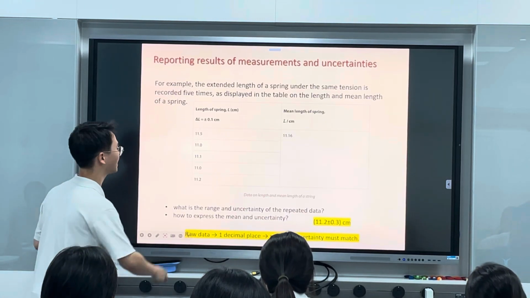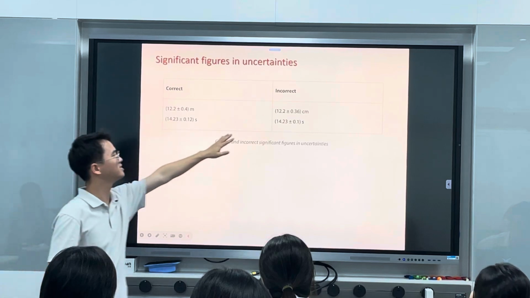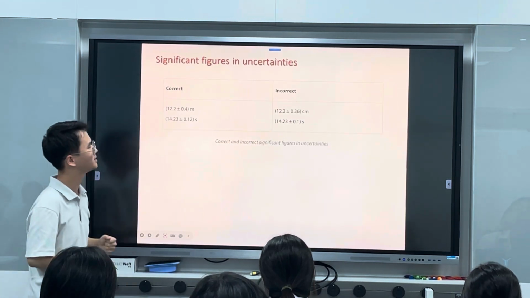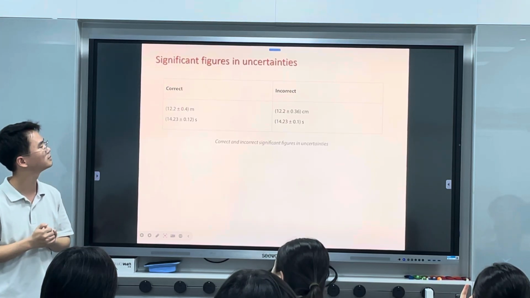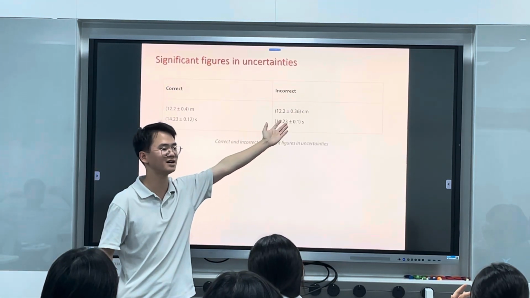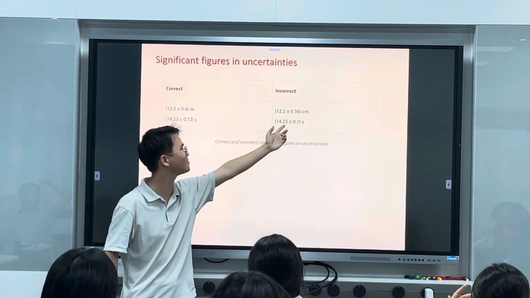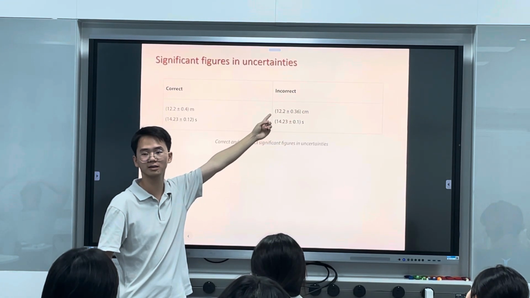Okay? Very good. Alright, what's wrong with this one here? Why is it incorrect? So the level of preciseness does not match, right? This one has 2 decimal places, but this one only has 1. That doesn't match.